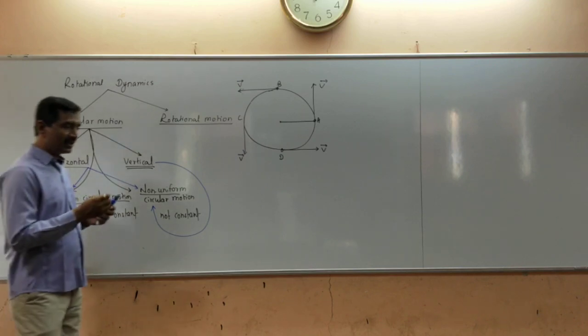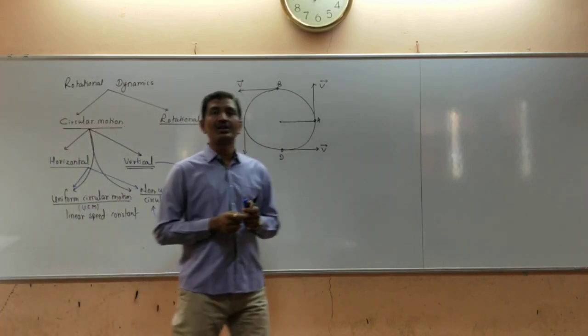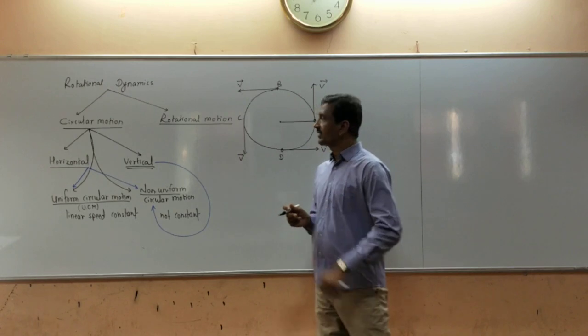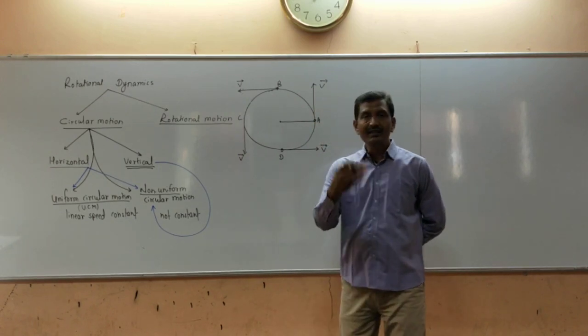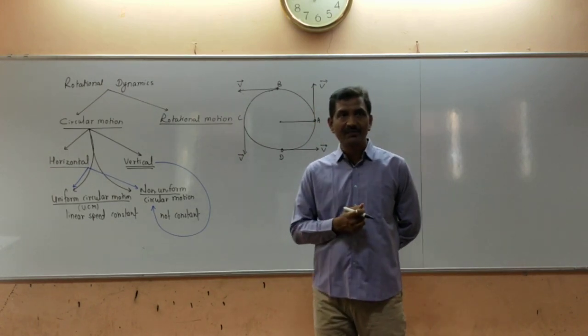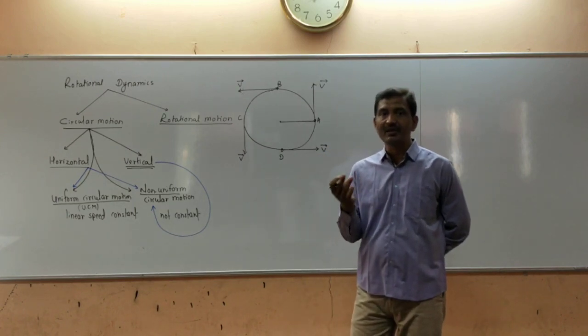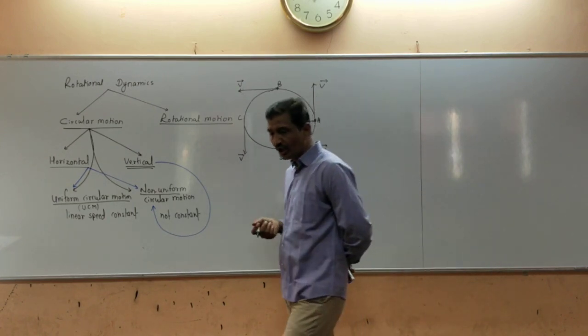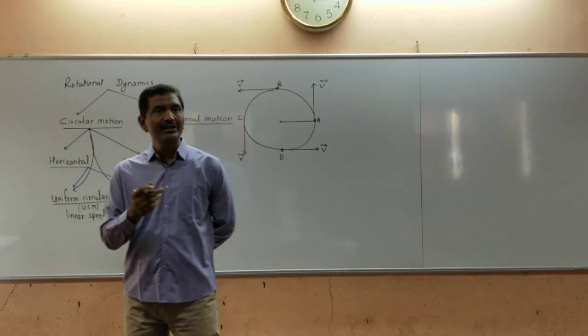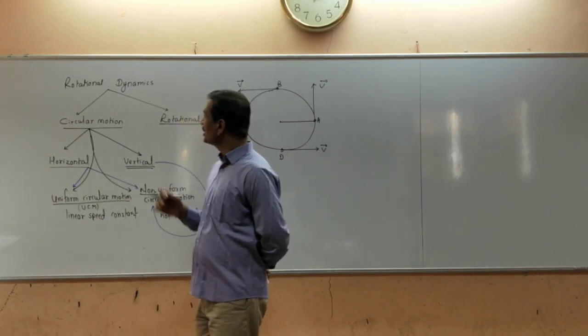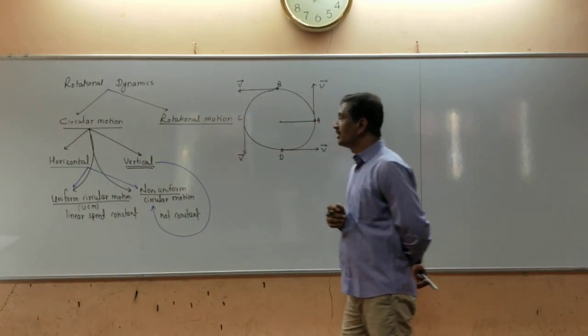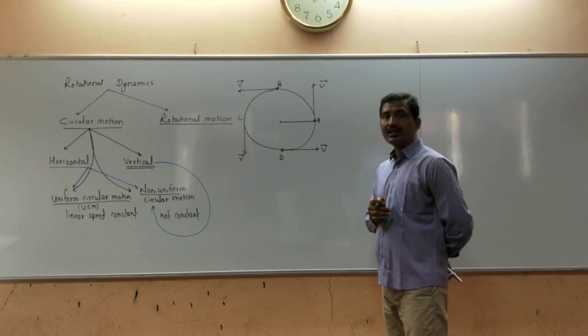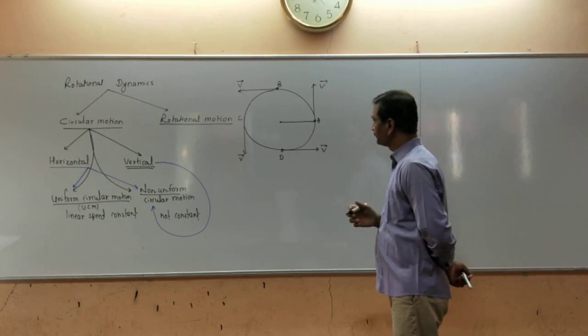Now we consider the different physical quantities related to circular motion. In linear motion, you are familiar with concepts like displacement, velocity, acceleration, force, linear momentum, and so on. Similarly, in circular motion, we consider different physical quantities.